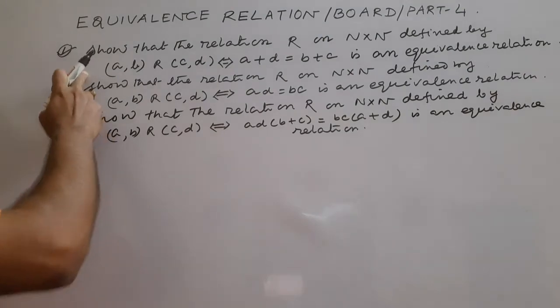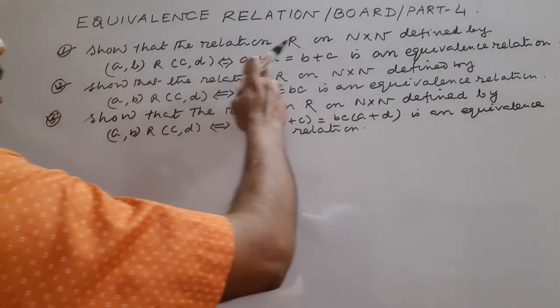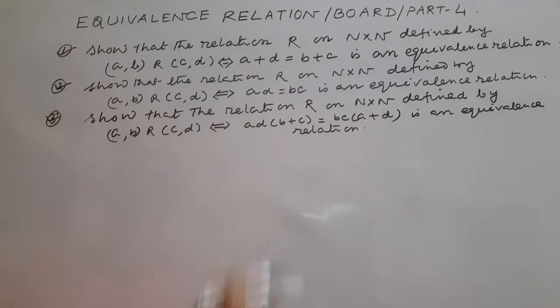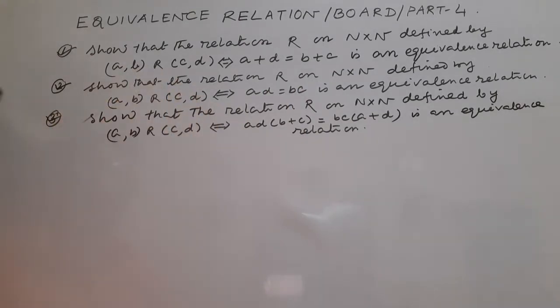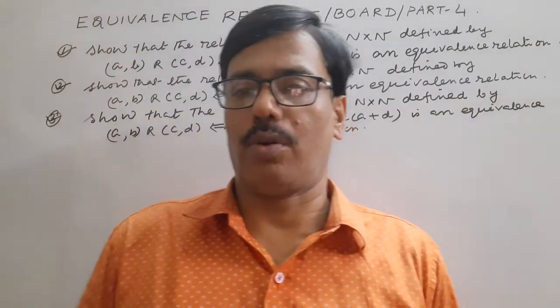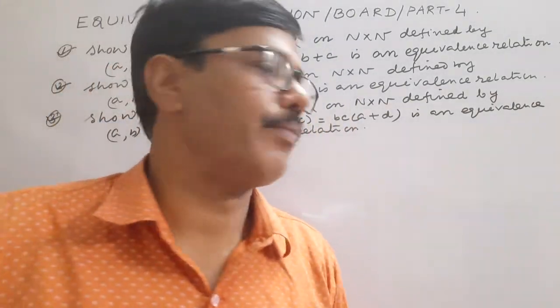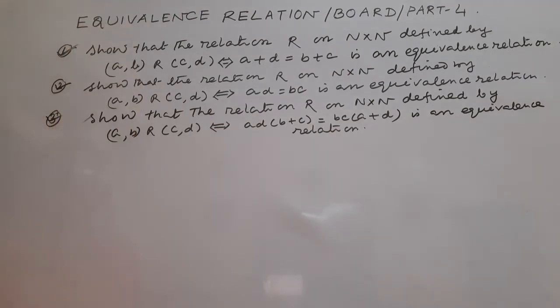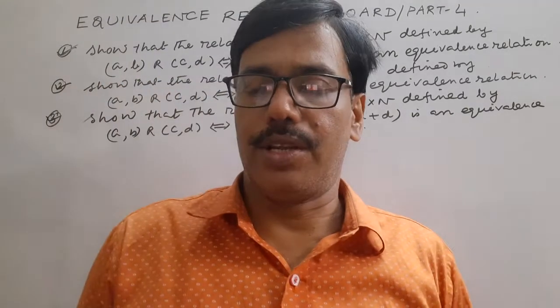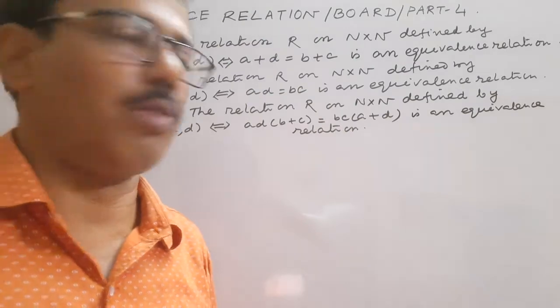Problem number 2 is given in product form, AD into BC, and problem number 3 is of the same type. So one problem is sufficient. Let us consider problem number 1. This is important for board problem.